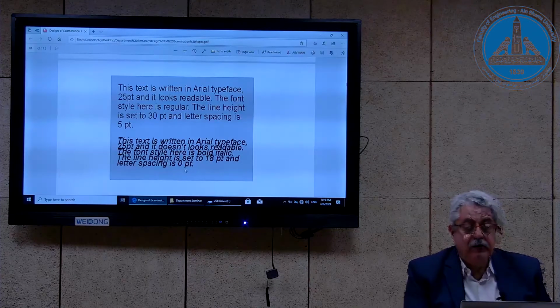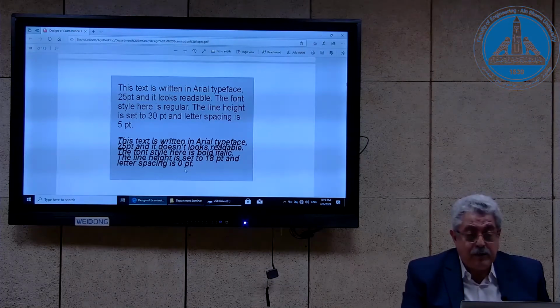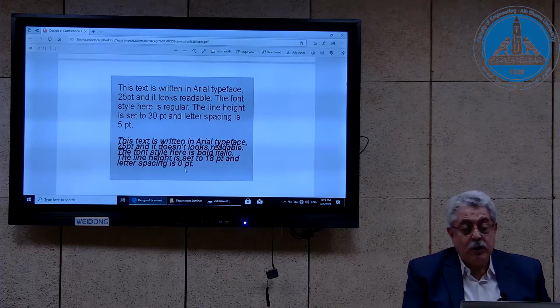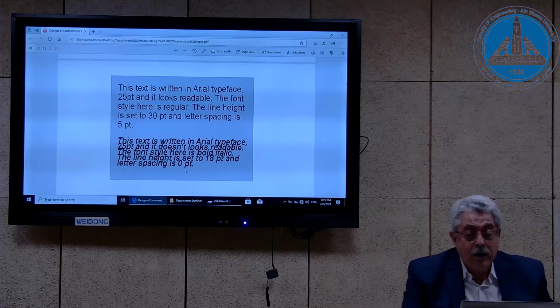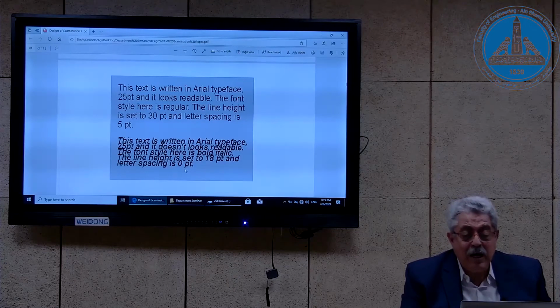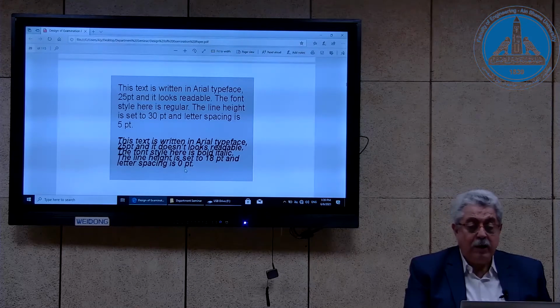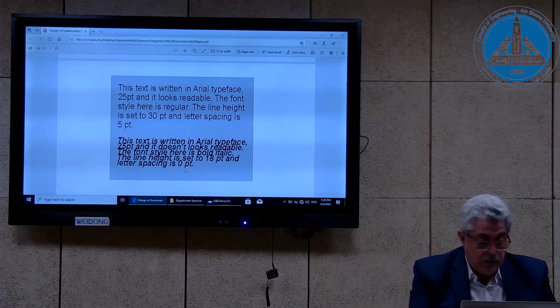But the text down is written in Arial typeface, the same 25 point, but it doesn't look readable. Why? The font style here is bold italic and the line height is set to 18 point and the letter spacing is 0 point. And this is why the text above is more legible.